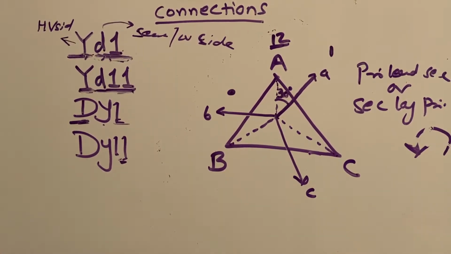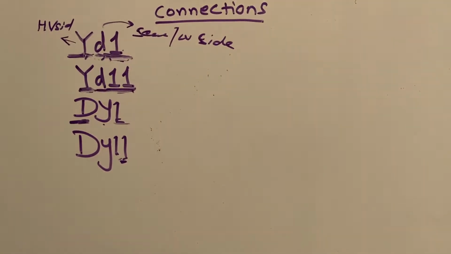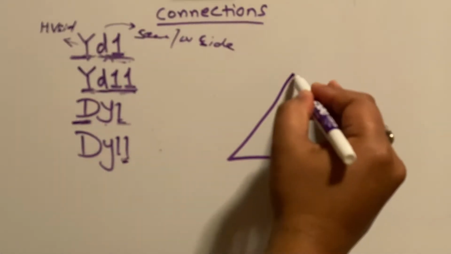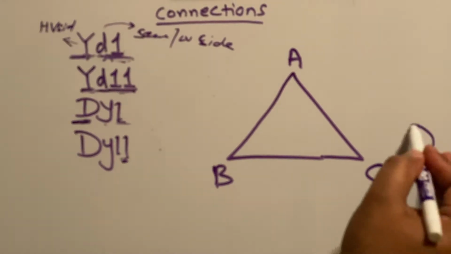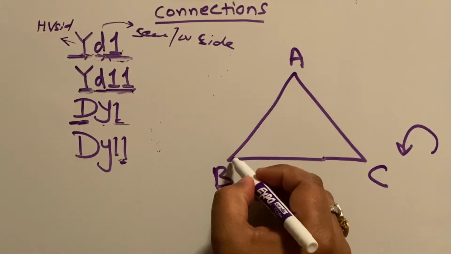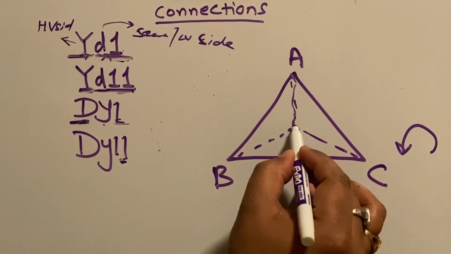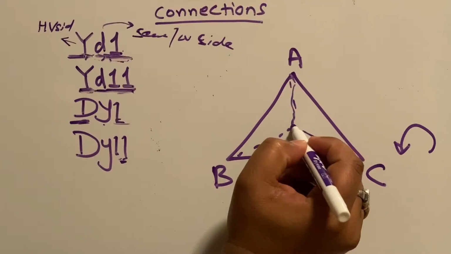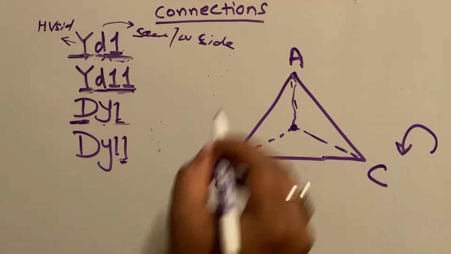Similarly, for the case of DY11, again we are going to make a delta. This is capital A, capital B, capital C, anti-clockwise rotation. Let's make this line come at the center, and then this Y is at 11 position.